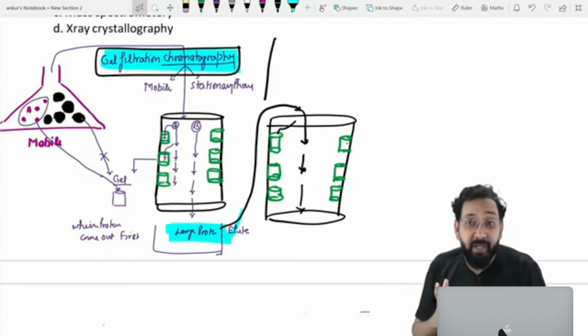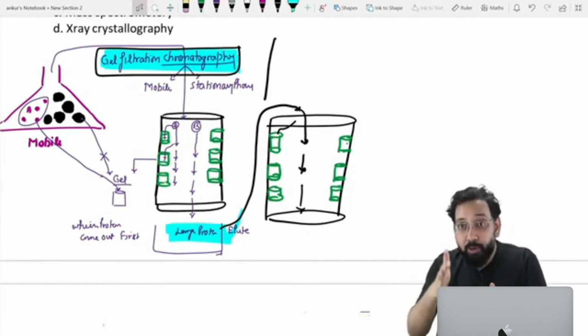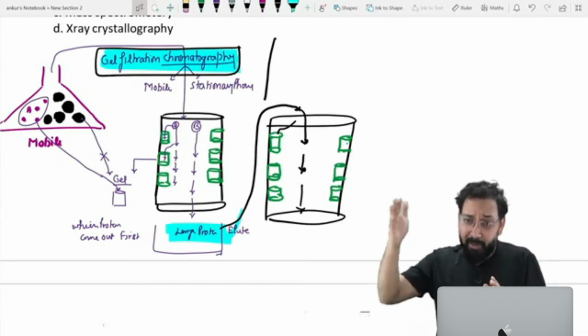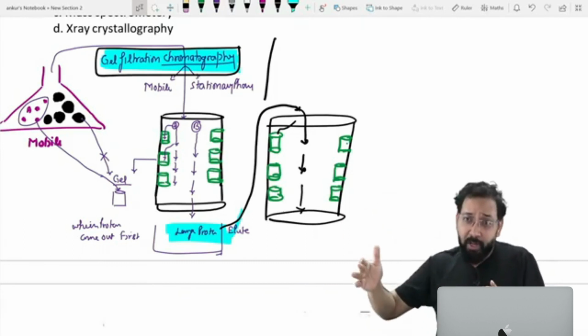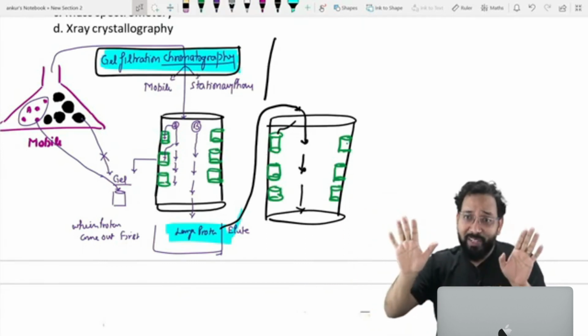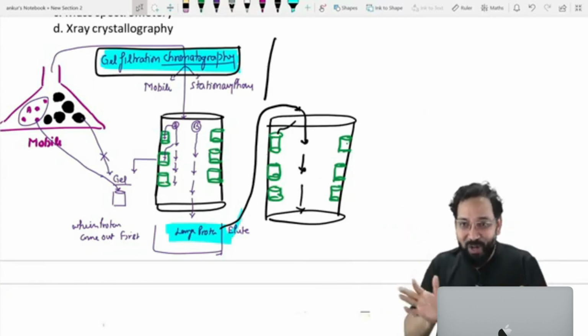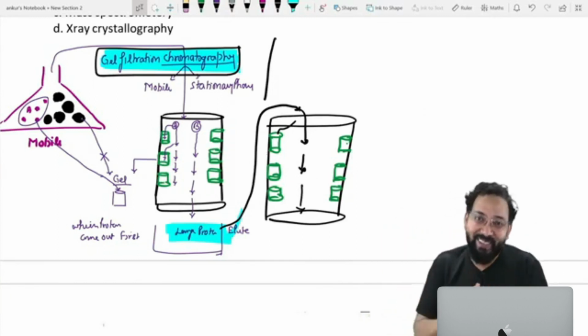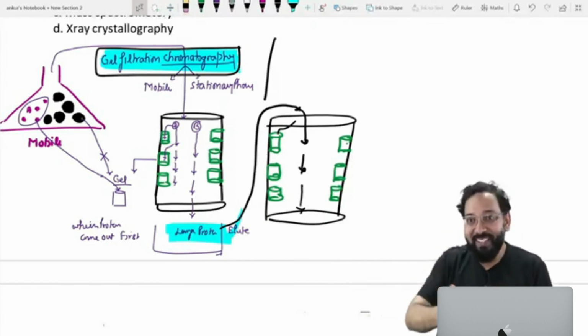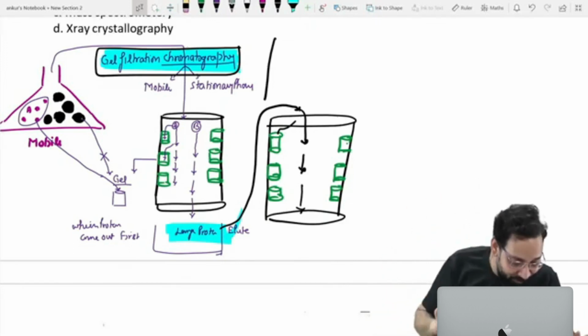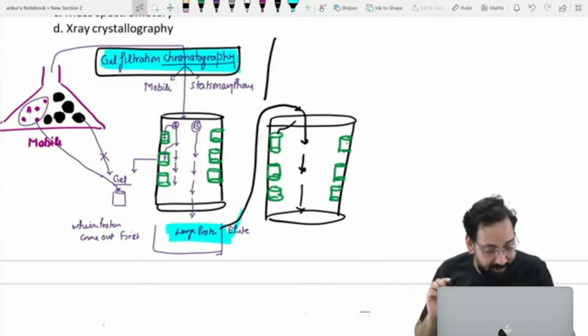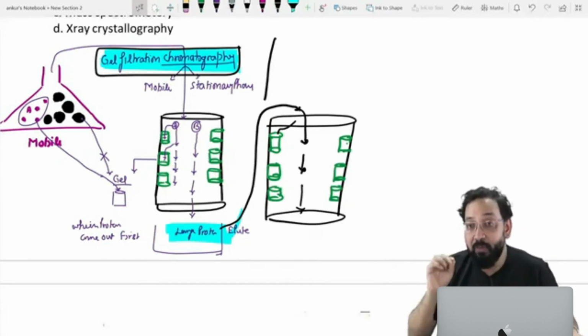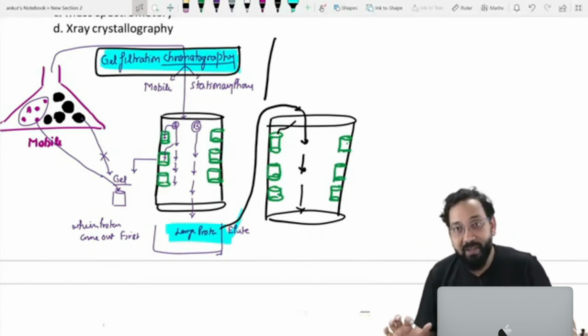Why do we have a limit? Because whenever you pass this solution through a column, some solution sticks to the wall and the gel. If you do 100, 1,000, 10,000 cycles, all the solution is attached to the wall and column and nothing is left in your hand. That's why we have a limit on these cycles, and a limit of purification of a particular protein by chromatography.